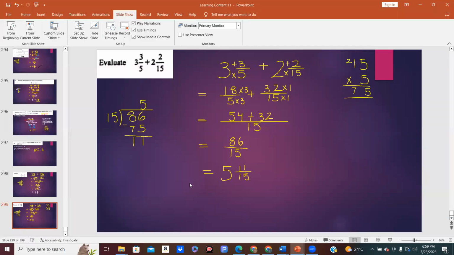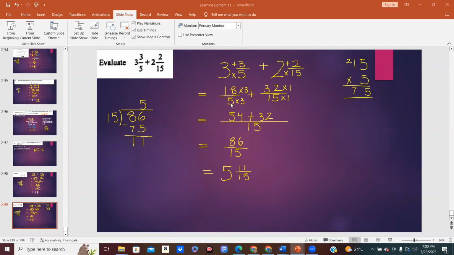You say why multiplied by 3? To get 15. Because we know that the lowest common multiple of 5 and 15 is 15.